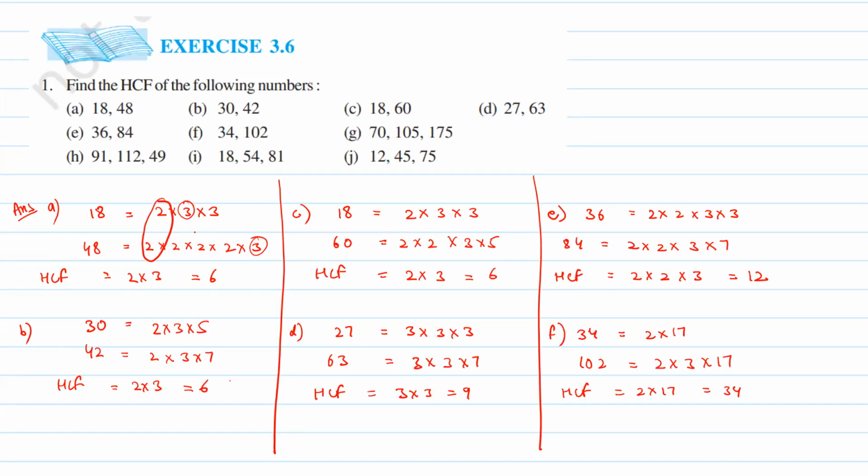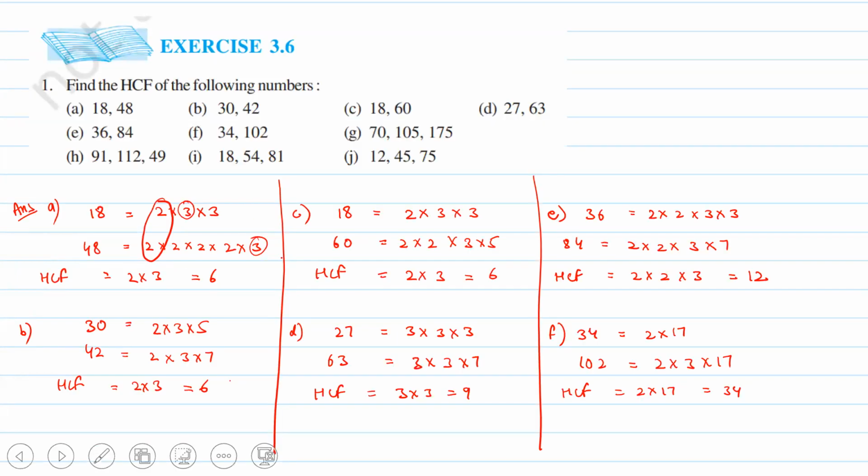Next, G part is 70, 105, and 175. 70 can be written as 2 into 5 into 7. 105 can be written as 3 into 5 into 7.